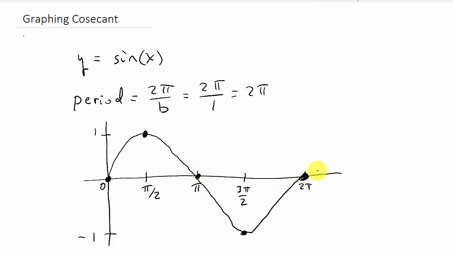That would be the graph of the sine. But the main thing is getting these points here. You get these points, and then you know that it goes 0, max, 0, min, 0. Alright, so let's take a look at our example.